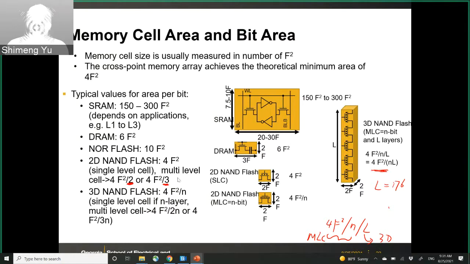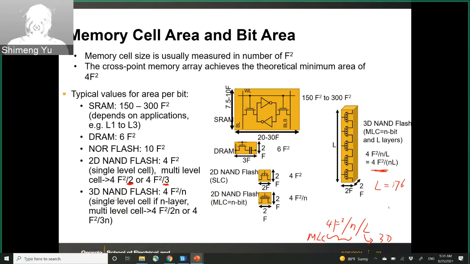But as we see later, we will realize that flash can have higher density per bit. So per cell, you can have 2 bits per cell or 3 bits per cell. So equivalently, the bit area is the equivalent area that 1 bit of data occupies on the silicon footprint.